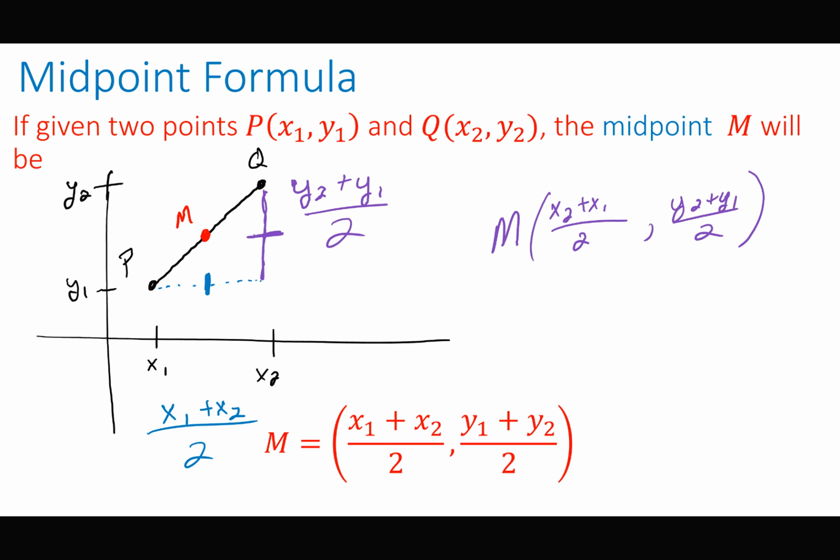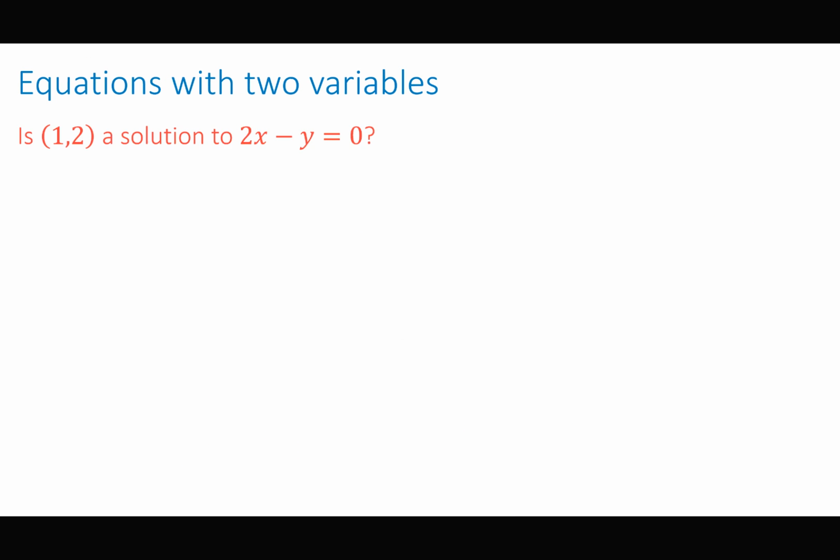Okay. All right. Now equations with two variables. So I say, is the point 1 comma 2, so this is not an interval, this is actually a coordinate point, 1 comma 2, a solution to 2x minus y equaling 0. So is that a point in there?